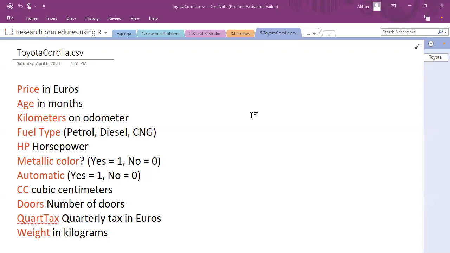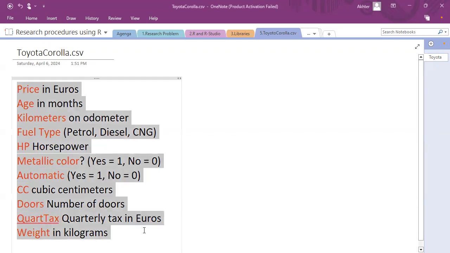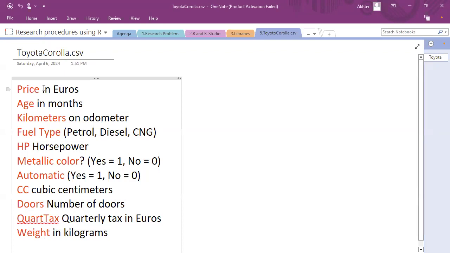So your data set is a Toyota Corolla CSV file in which we have several variables. These are approximately 11 or 9 variables. These are the price of the car. These are the prices of old cars which were sold in any country in a year, right? Then the age, how old the car is, how many kilometers the car has driven, the fuel type.